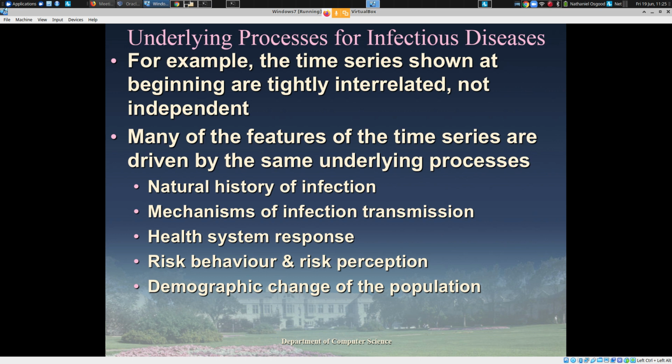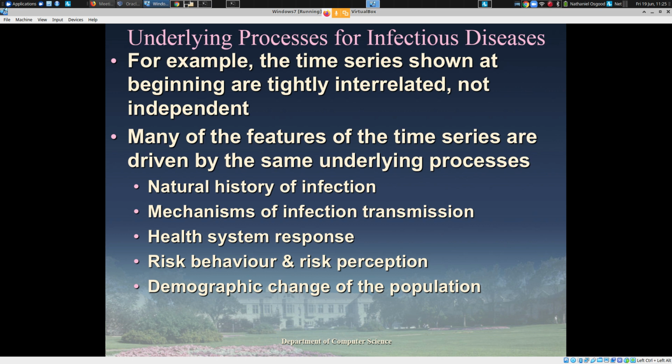And for infectious diseases, for example, these underlying depictions might depict the natural history of infection, mechanisms of infection transmission. Maybe it's airborne alone. Maybe we want to reason about surface-based transmission or fecal-oral in the context of long-term care. We need to reason about the health system response, about risk behaviors and risk perception and demographic change sometimes in the population, depending on the timescales.